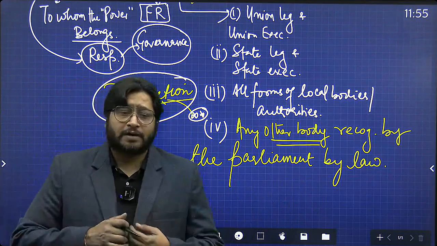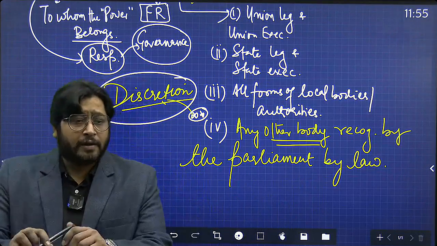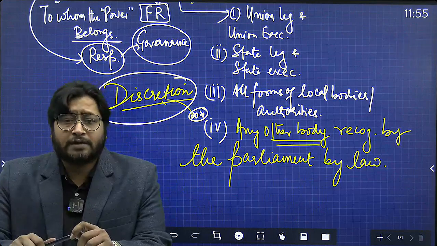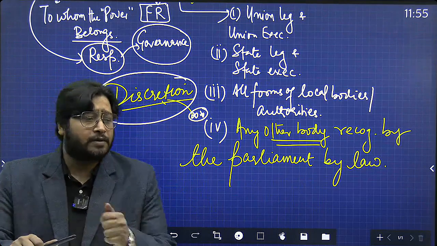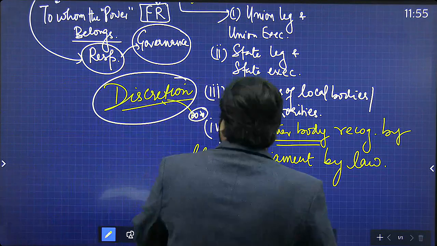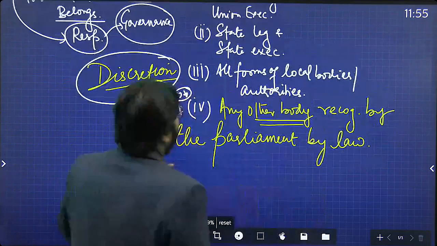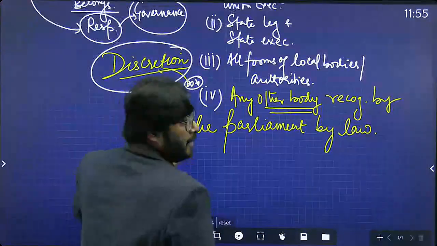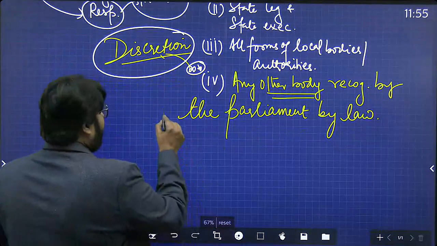PSUs become part of the state even though they are not technically directly part of the state, but they become part of the state because government has ownership in the PSUs, right? So likewise, they can be. This is also very important to define the state. Why it is needed?